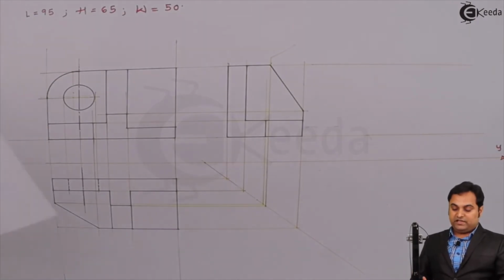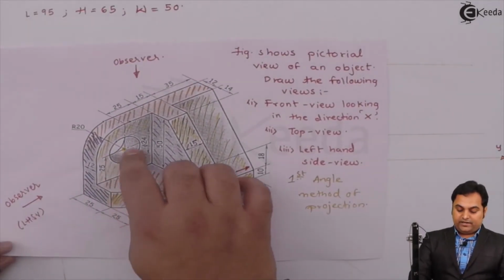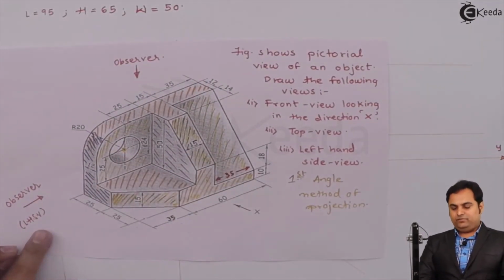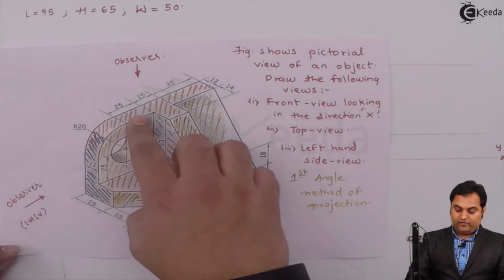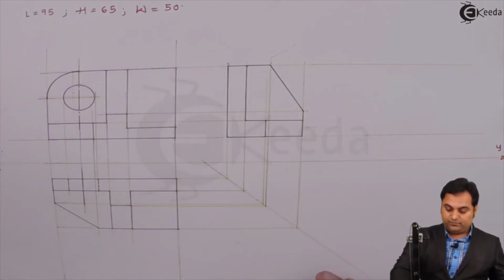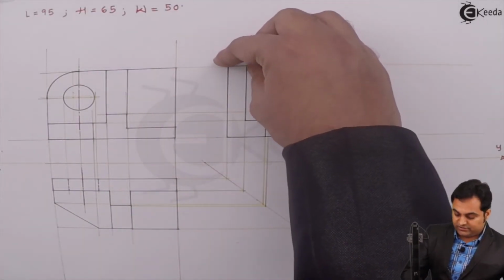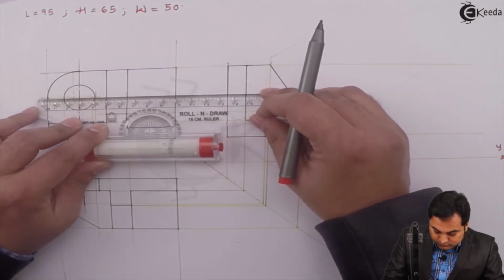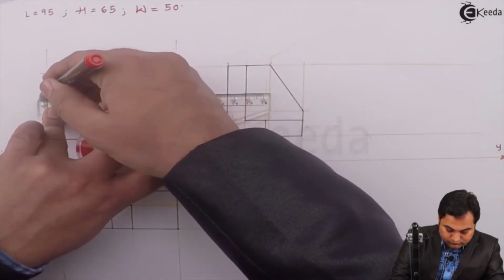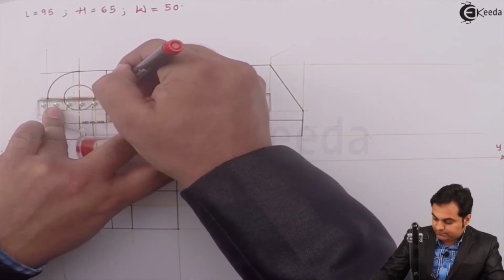The remaining things, like for example this circle, again it will not be seen from the left hand side view, so that is hidden. Now this circle is inside this block of 12 mm width. So here is the block of 12 mm width. The center of the circle is here.